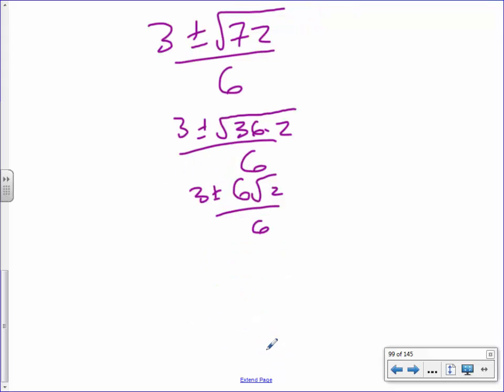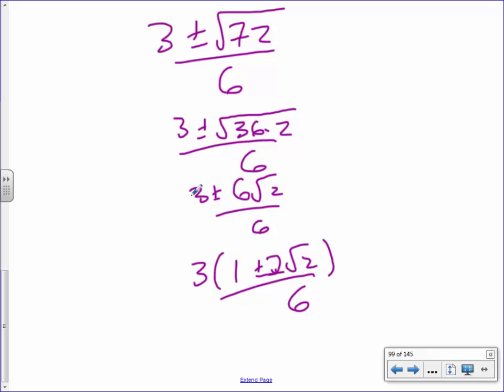I showed you guys this trick a little while ago, but I want to show you officially what you're doing here. The top here is a binomial. You have 2 terms separated by plus and minus signs. But on the top, see how 3 and 6 have a number in common? You can then factor out the 3, and it would leave you with 1 plus or minus 2 root 2 all over 6.